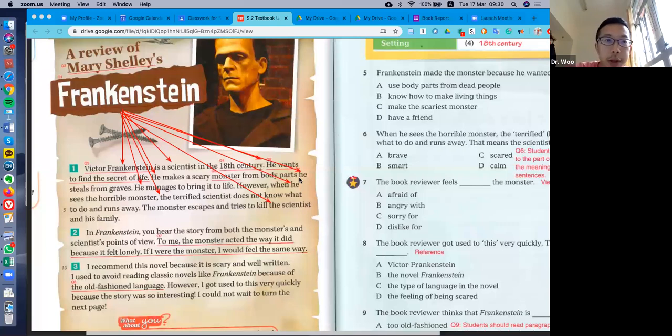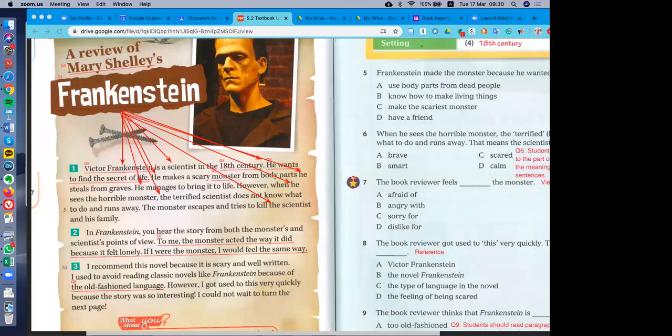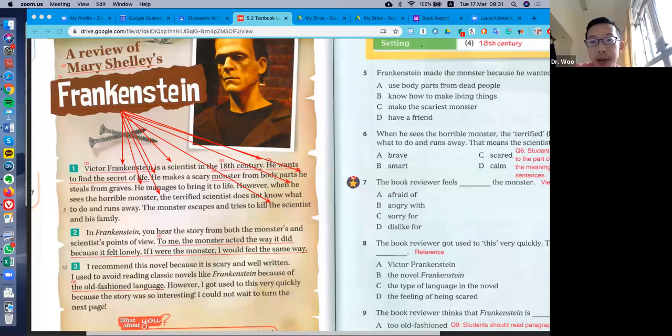Based on what we just did, how many characters are in the story? Okay. So it might be primarily two characters. Two main characters, is it? Yeah, let's just say main characters based on what we know.